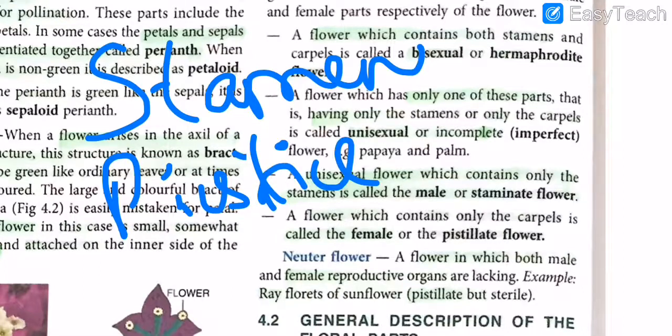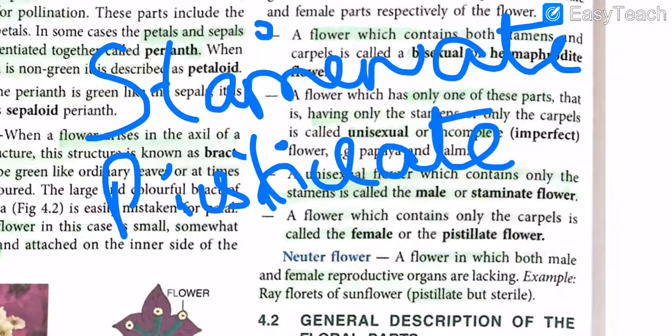So stamen, just add an ate to it, staminate, and pistil, again add an ate, pistillate, basically. So a unisexual flower with only male parts is called staminate. A flower which contains carpels and female gametes is called a pistillate flower.